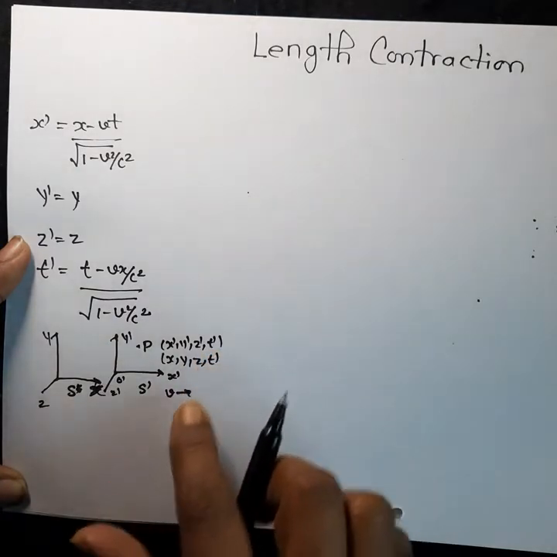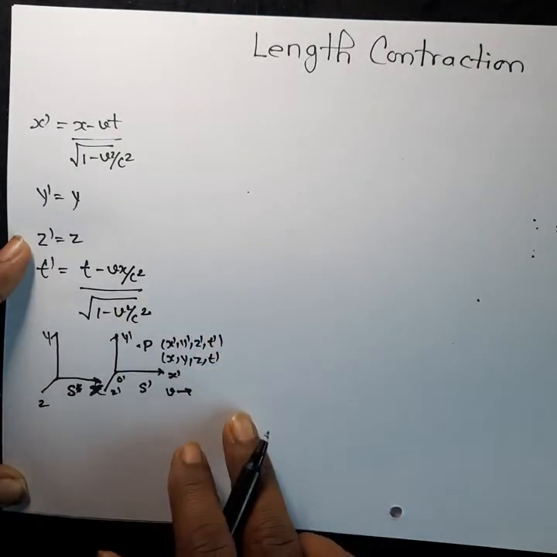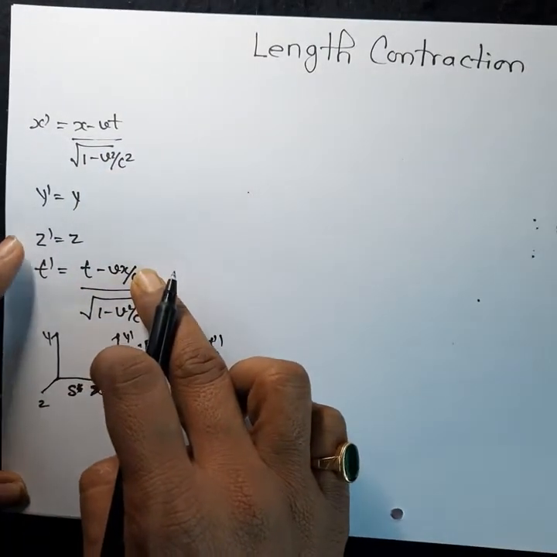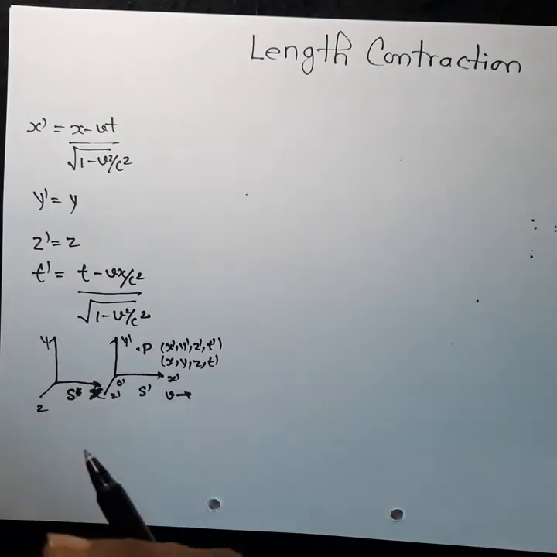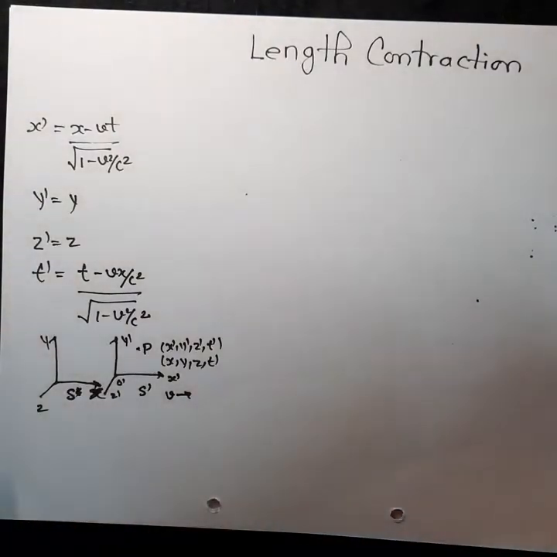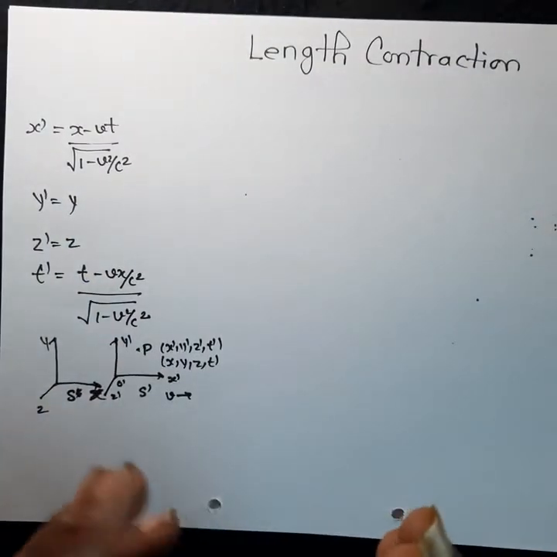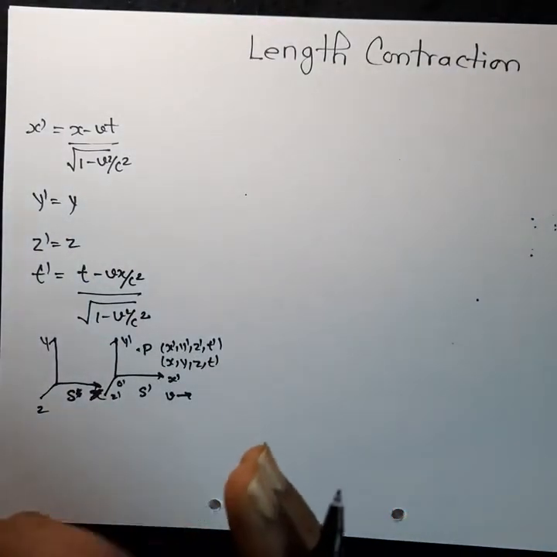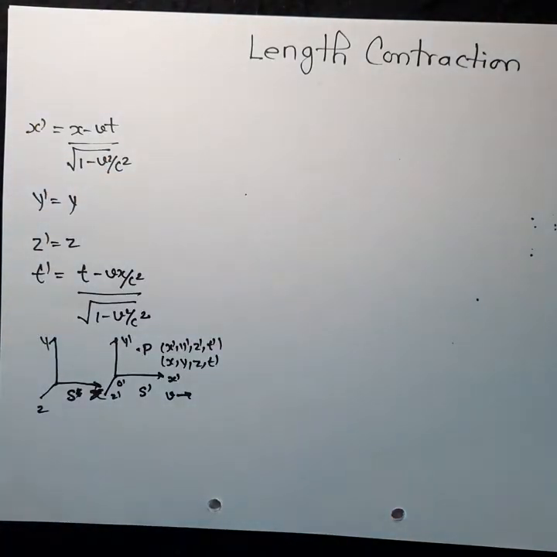So there are two different observations of two different observers. These transformation equations help to relate the observations of two different observers. There are some beautiful results that we can obtain from these transformation equations.